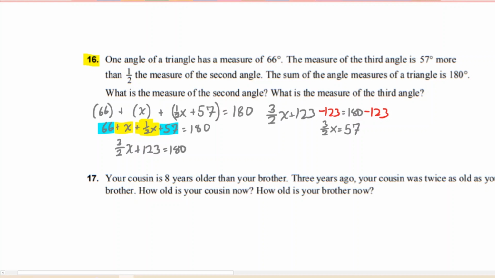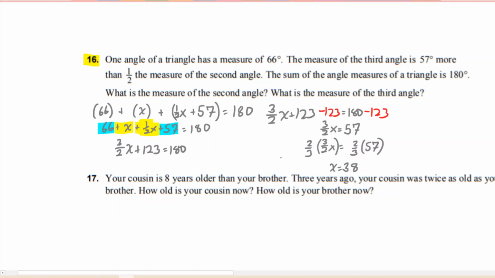That's 57, so now we have 3/2 x equals 57. We're going to multiply by the reciprocal for our quote-unquote division. So we'll multiply both sides by 2/3. Go ahead and ask your Alexa, ask Google, do whatever you need to do this multiplication here, 2/3 times 57.